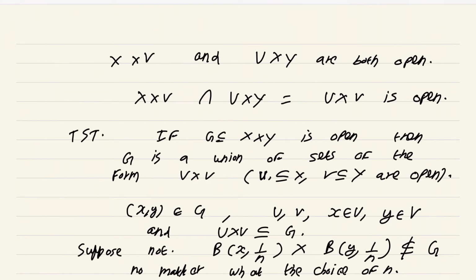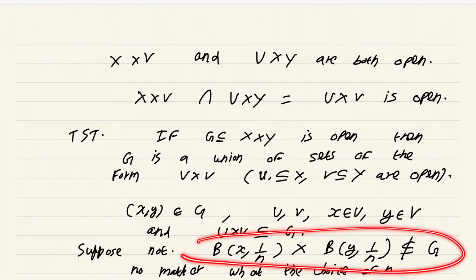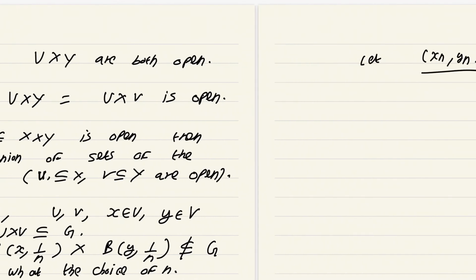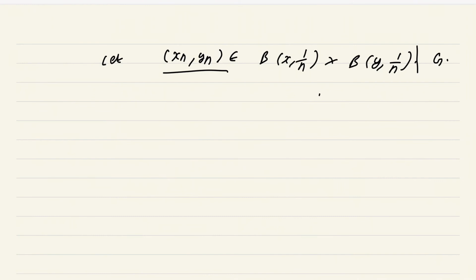We are saying that this product is never going to be a subset of G irrespective of the choice of n. So for each n, we can at least find one element which is there in B_x(1/n) cross B_y(1/n), which is not there in G. Okay, so choose this sequence (x_n, y_n), which is there in B_x(1/n) Cartesian product B_y(1/n) set minus G.